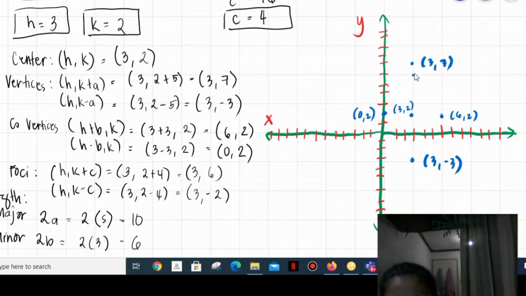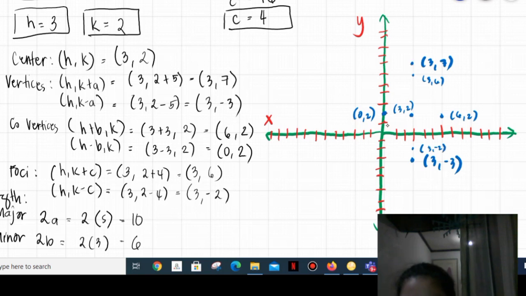And then, next naman na focus is 3 and negative 2. 1, 2, 3, and then negative 2. Nandito siya, ito yung isa pa nating focus. Pwede nyo rin ilagay yung points niyan. Ito si 3, 6. Ito naman si 3 and negative 2. Yan yung foci natin.